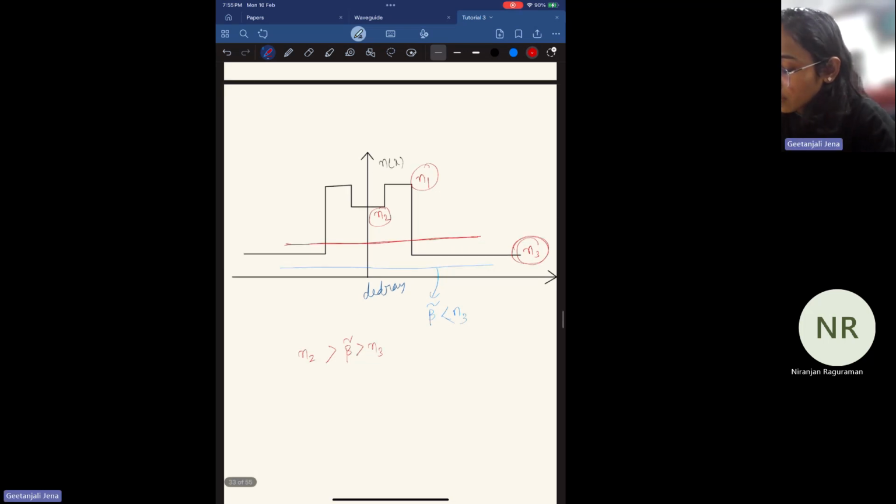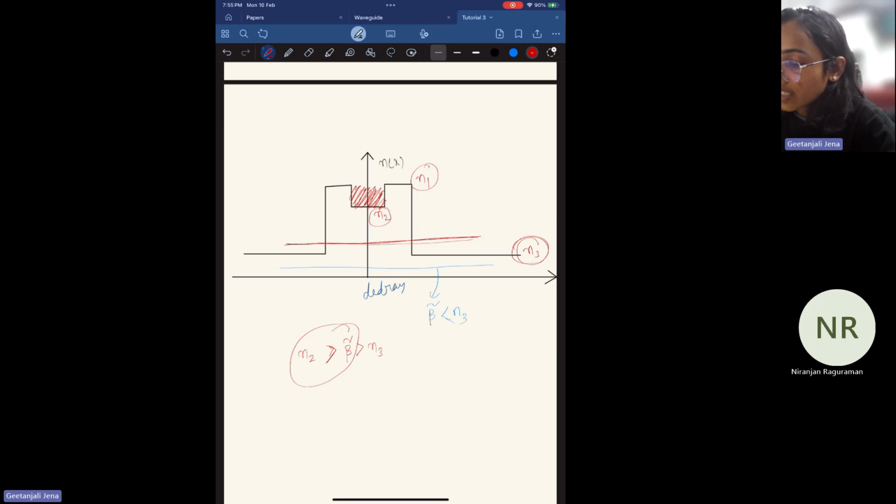If you see this ray, this indicates that in this region there will be light guidance because N2 is greater than beta tilde.